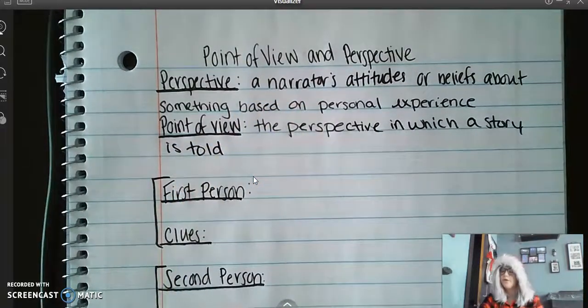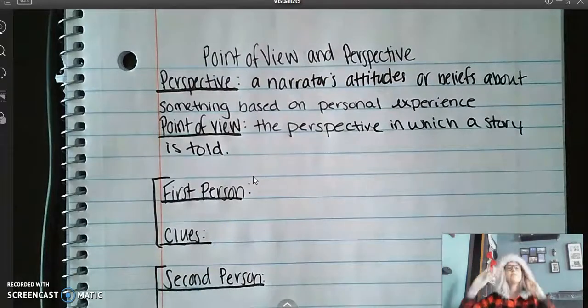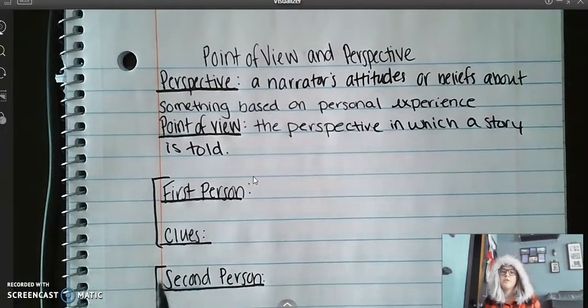Okay, I'll give you a couple seconds to go ahead and get that written down. And so there are 5 different points of view that we typically see in texts. Again, this is how they're writing for you. This is the way that the narrator is communicating with you and just that perspective in which they're telling the story.